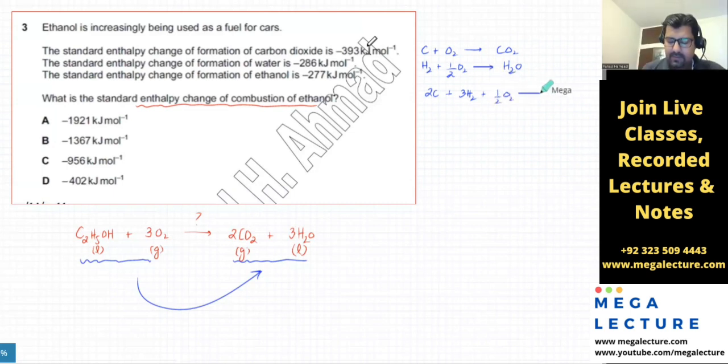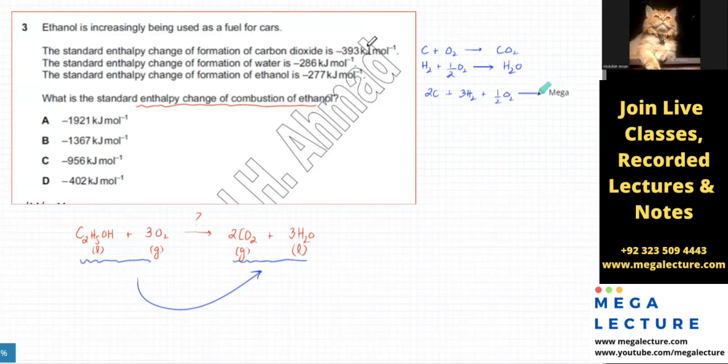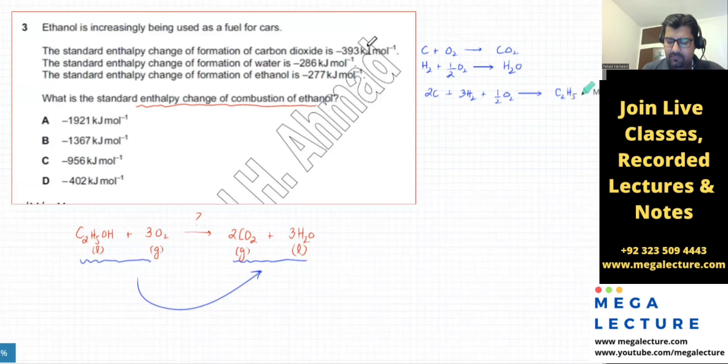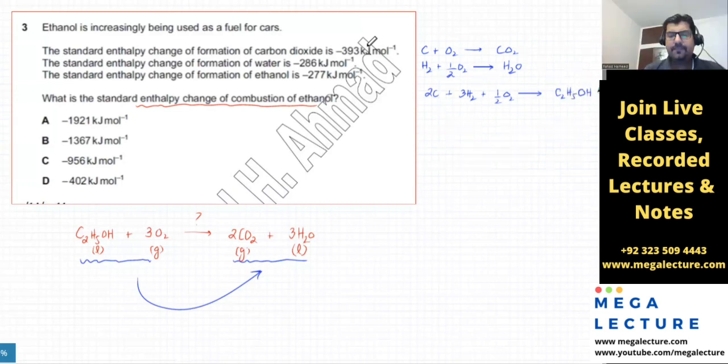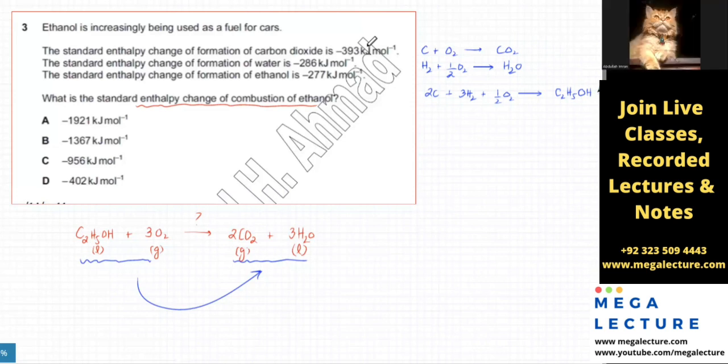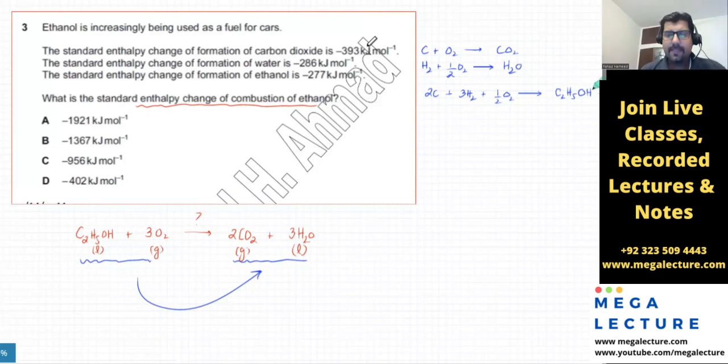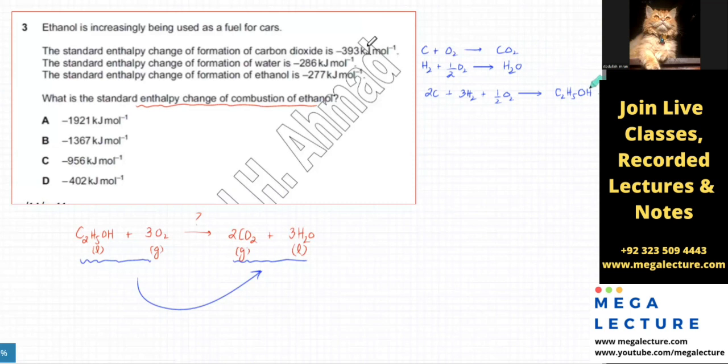And together they will form C2H5OH. So we've got this, and let me just double check this. Okay, that's fine. So they've given me the enthalpy changes of all these 3 reactions, and I'm going to try and create this other path.